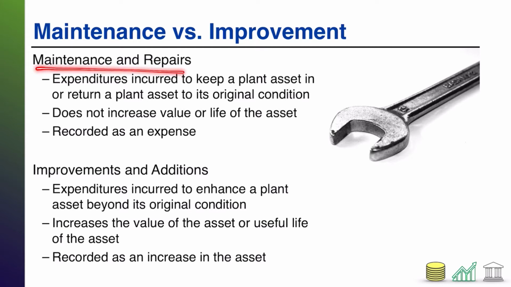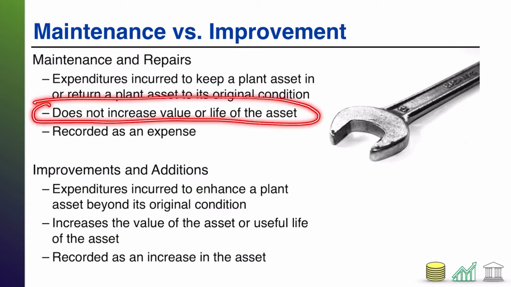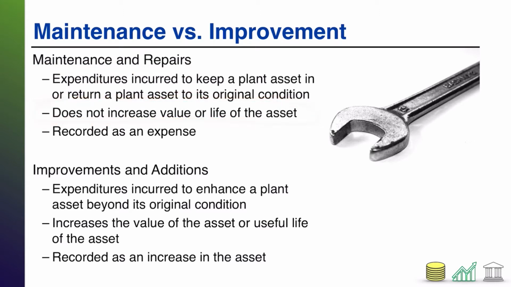The key to maintenance and repairs is that these do not increase the value or the life of the asset. These simply maintain or return that asset to the expected value and expected life that it originally had when you first bought it. And because that is the case, you are going to expense these expenditures.